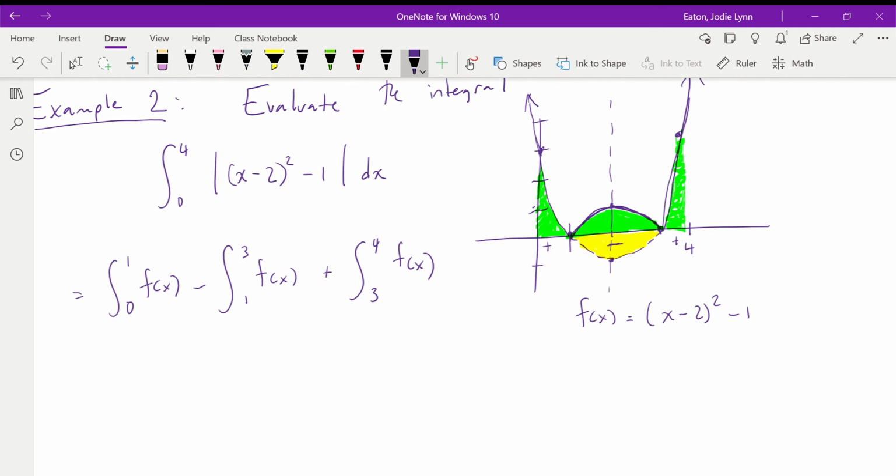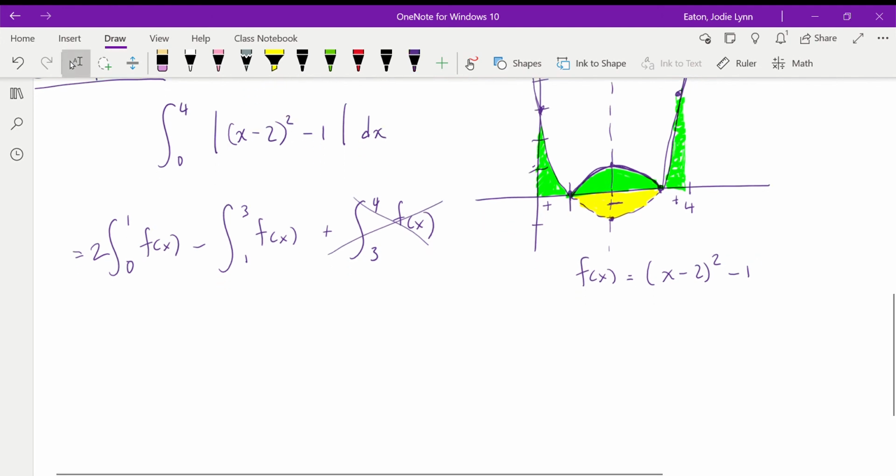So we are just going to have to do the integral here from 1 to 0, and we're going to just double it. We don't actually need to use that because of the geometric properties here. Okay, so now let's actually take our integral. So 2 times, and we've got (x minus 2) squared.